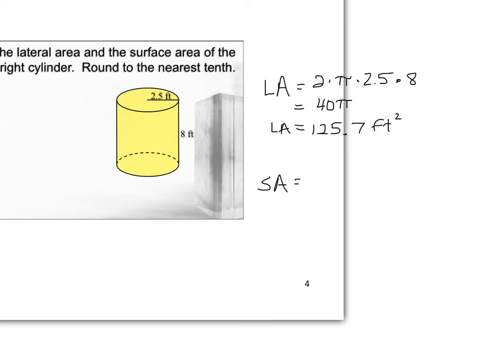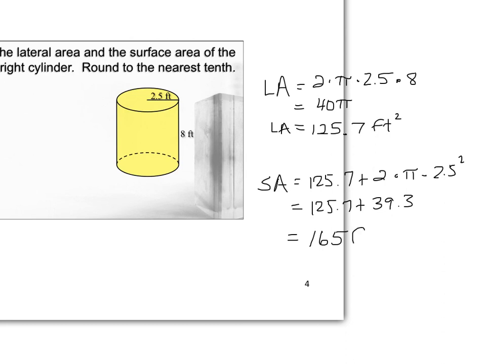Now the surface area. Surface area, again, is the lateral area, 125.7, plus 2 times pi times the radius, 2.5 squared. So when I take 2 times pi times 2.5 squared, I end up with 39.3. And when I add 125.7 and 39.3, I end up with 165 feet squared for the surface area.